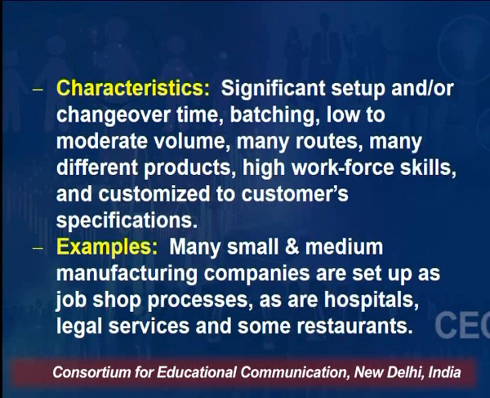Further characteristics, if we see: significant setup and changeover time is required, batching, low to moderate volumes, many routes, many different products, high workforce skills, customized to customers' specifications. Examples: many small and medium manufacturing companies are set up as job shop processes, as are hospitals, legal services, and some restaurants.